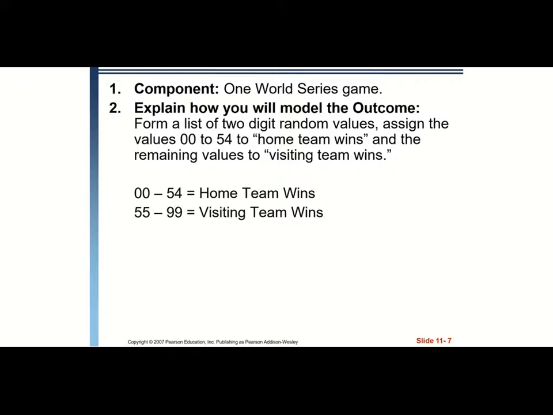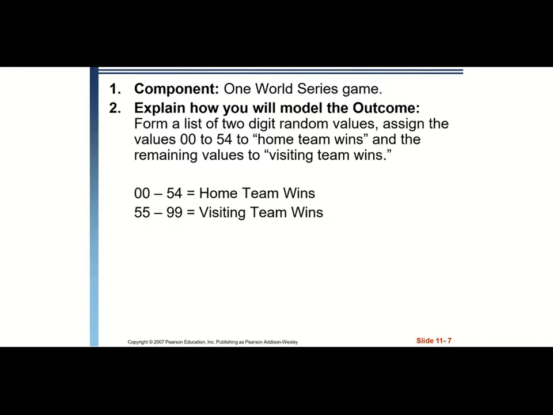If that number is between 0 and 54, okay, so there's 55 numbers between 0 and 54, that'll correspond to the home team winning. Between 55 and 99, right, there's 45 numbers in this span. That will correspond to the away team winning.